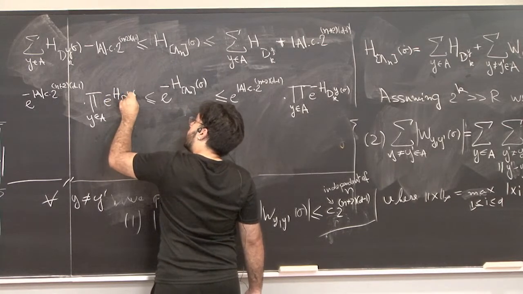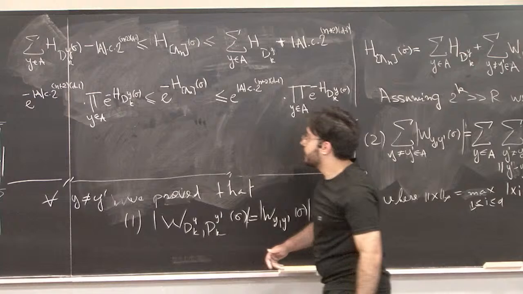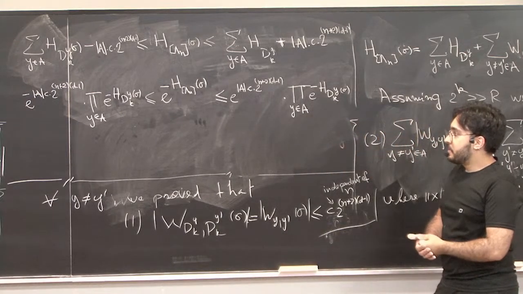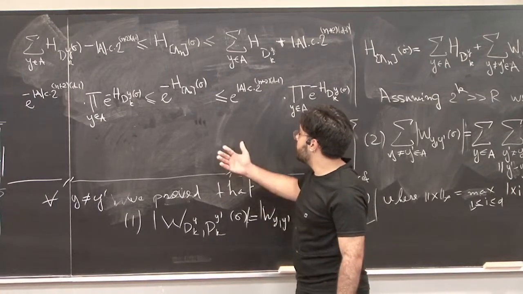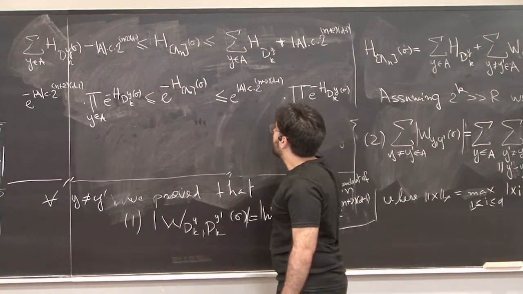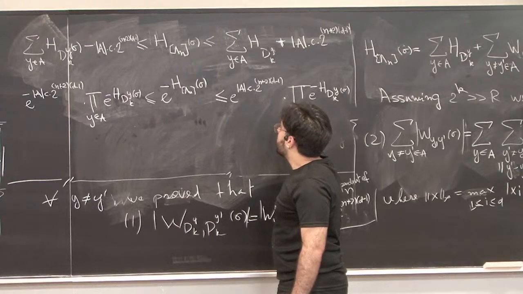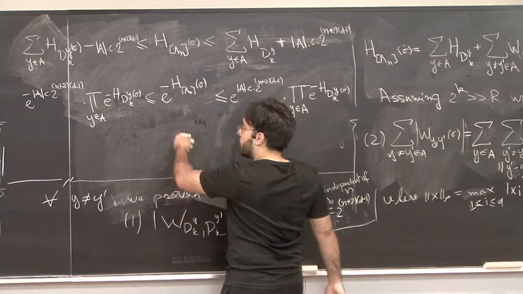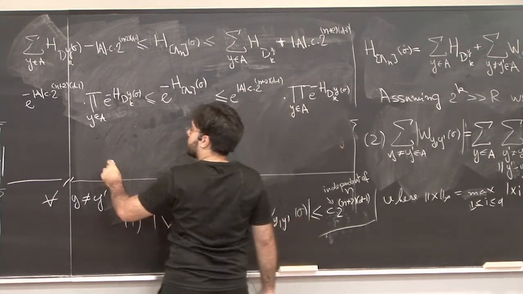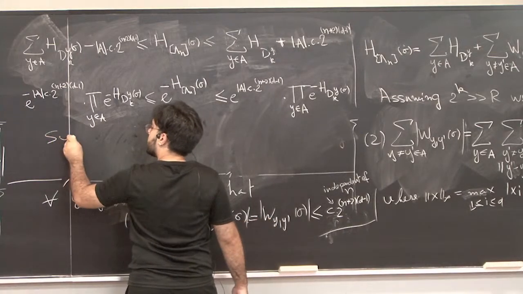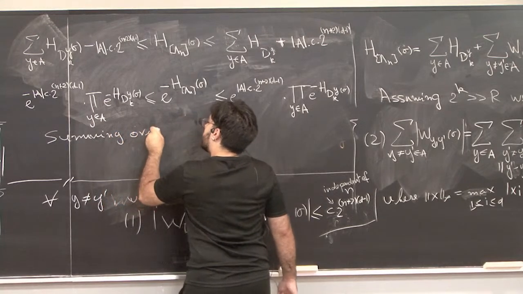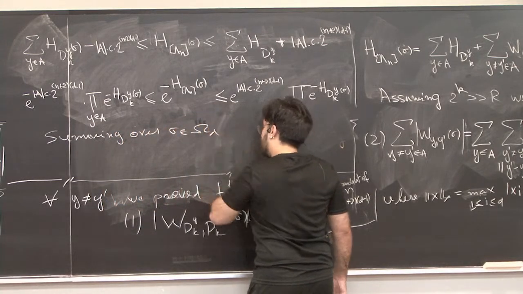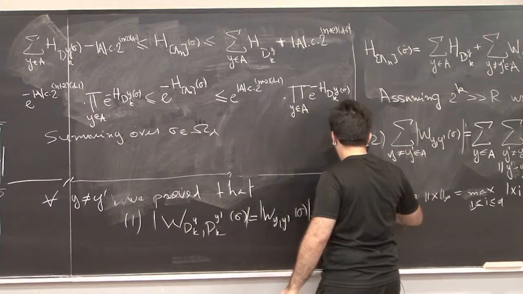dk y sigma. Okay, so the next step is I need to get the partition functions, since this inequality holds for all configurations. Then I just sum over all the configurations, summing over sigma inside the configuration space.